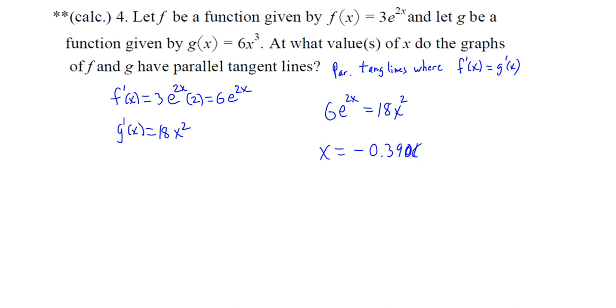And so you could say negative 0.391. That would be possible, but you're looking for the first three digits here. So that would be our answer for this one here. That's where f prime of x equals g prime of x.